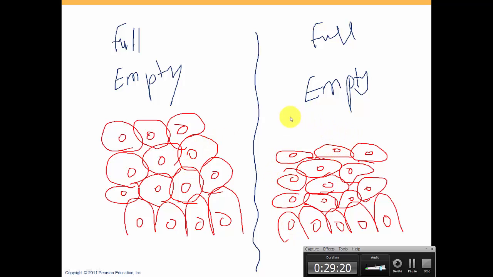So if this is your urinary bladder, I want you to stop the video at this point and tell me, which state is this? Is this your urinary bladder when you are full or empty? And which state is that one? Is this urinary bladder when it's full or when it's empty?